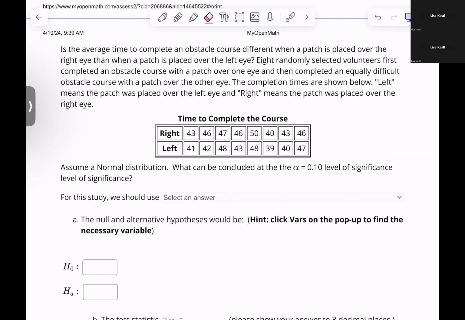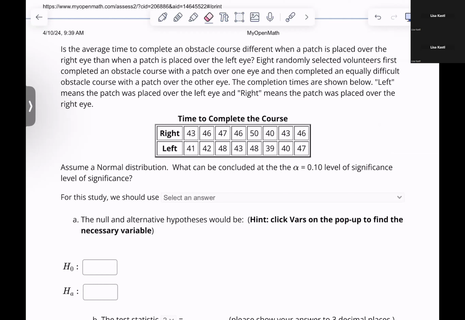For this study, do you know what kind of test we're going to be using? It's going to be a T test for what? Now, I'm sure if you looked at the drop down, you could probably figure this out. It is a T test for paired data, because you're looking at the difference between two related things, right?